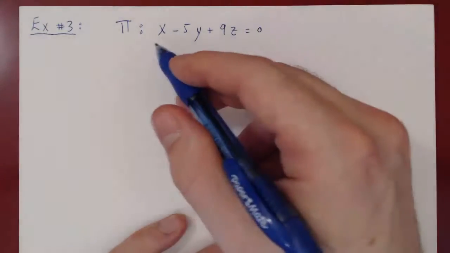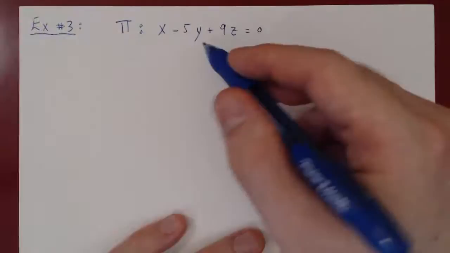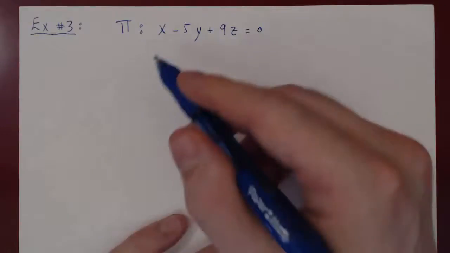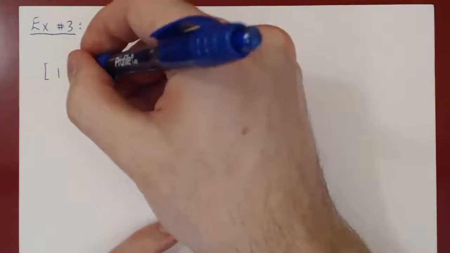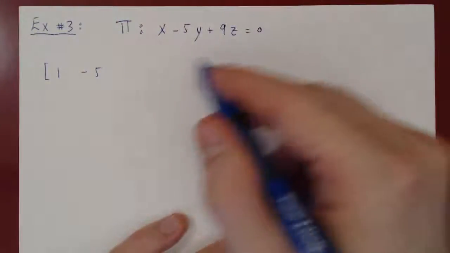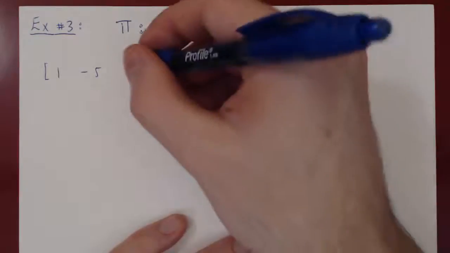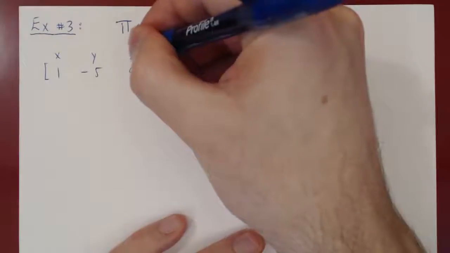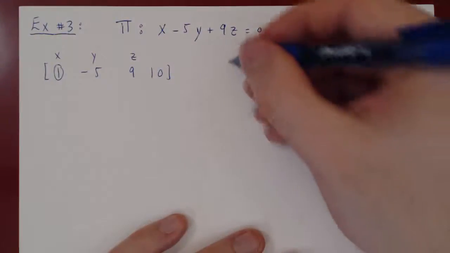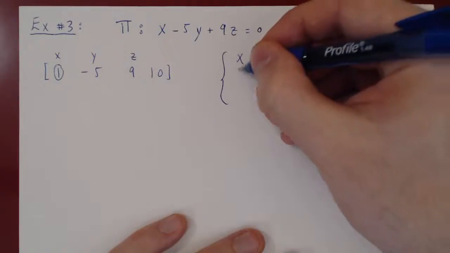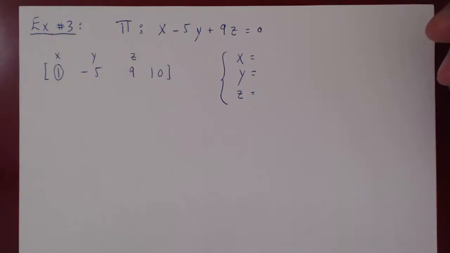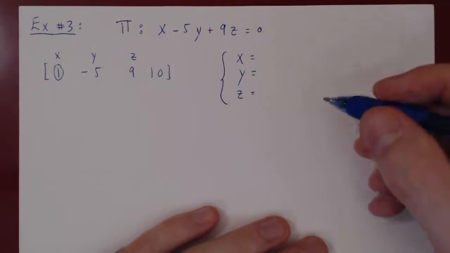Well, let's find the points on this plane explicitly by solving the linear equation, right? The points x, y, z that will be on the plane pi will be the solutions of this equation. So if we solve this equation, I've picked an equation whereas the linear system is already fully reduced. So we can write the solution set right away. y and z are free variables, so we can handle those first.